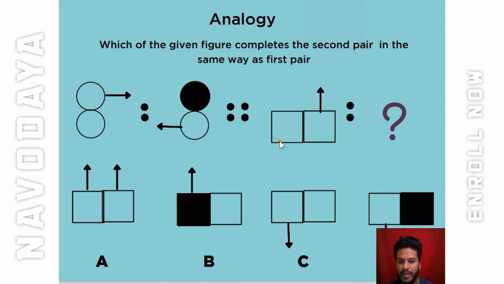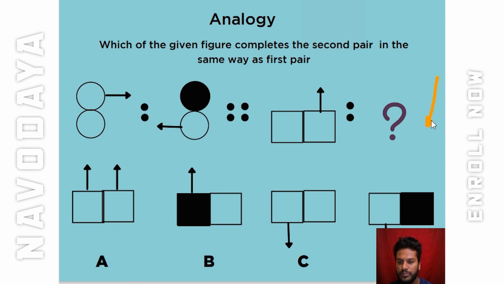We have two empty squares, and the right side square shows an arrow upward, and we need the opposite, an arrow showing downward. Here it shows right side and left side directions. In the same way, they have given us a figure showing upside, and we need something showing downside.